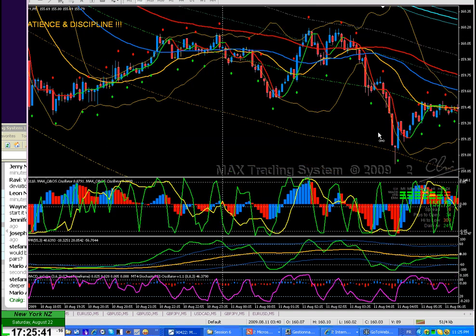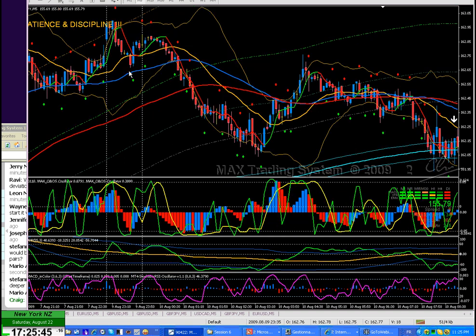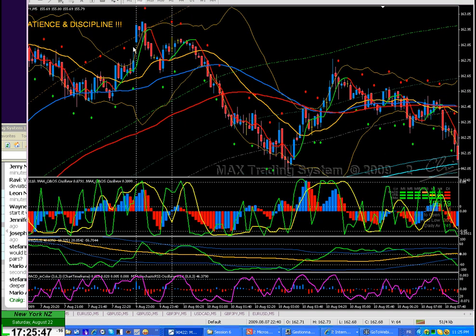Here, for example, let's take this example. Suppose here you have the right convergence between the price, the Tiger tunnels, the third Tiger tunnels, 1, 2, 3, and the Bollinger Bands. And so you have your entry price somewhere here.